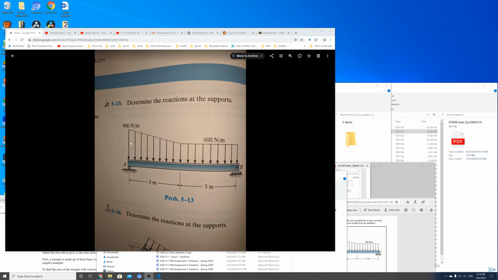If you go straight across here and forget about the triangular component above that, you'd have a uniform distribution at 600 newtons per meter. So if you wanted to find the center of a uniform distribution, of course, it's just going to be right down the middle between the two.